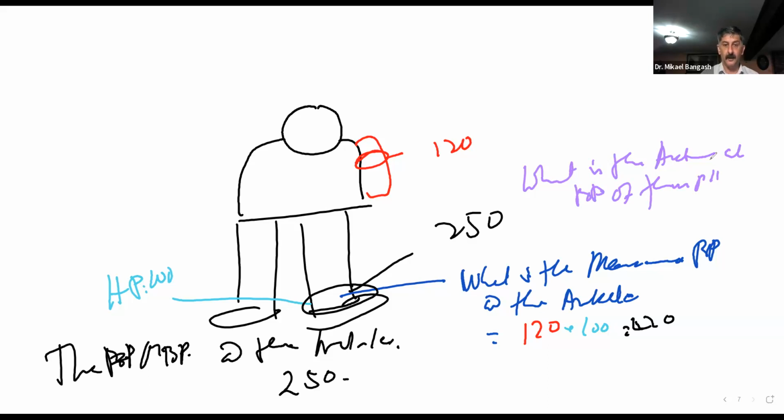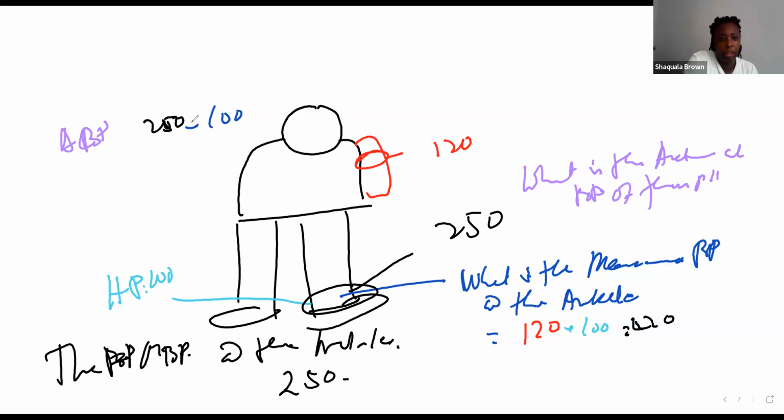Now, for that, the actual blood pressure: at the ankle we had 250. From that, we have to subtract the 100, which was his hydrostatic pressure, sorry.